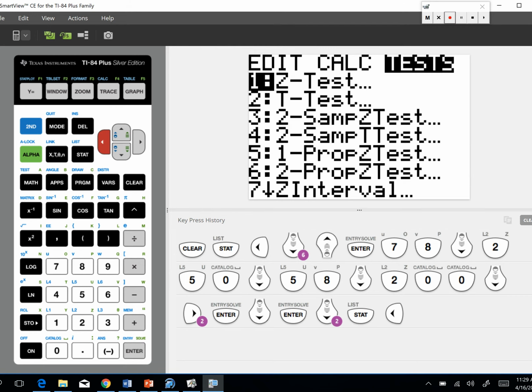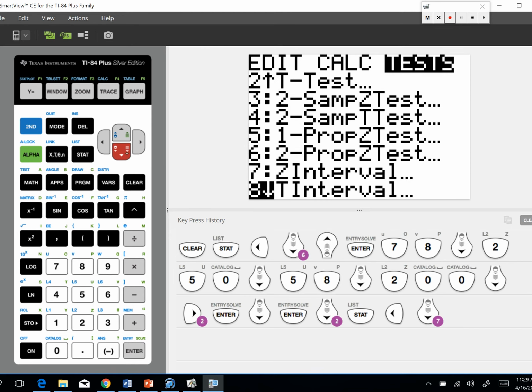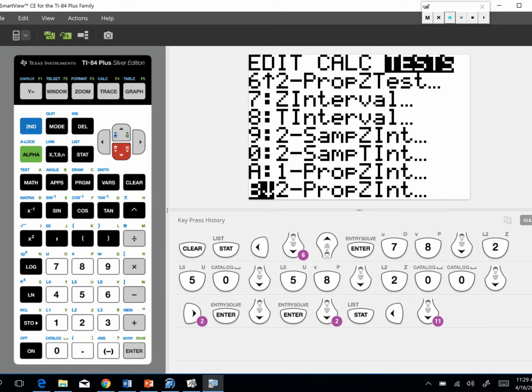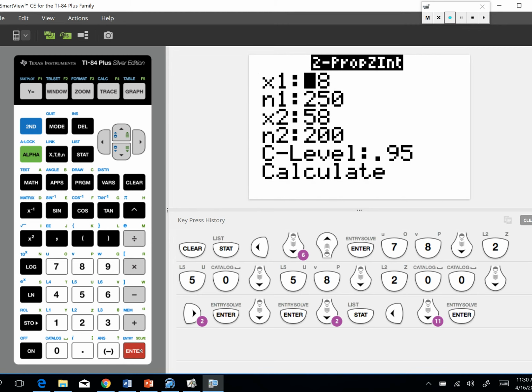If you want the confidence interval, we want a 2 proportion z interval. For my calculator, it's option B. And now, I don't know if all of your calculators do this or not, but for me, if I do a 2 proportion z-test, and then I go to do the 2 proportion z-interval, it transfers all my information.